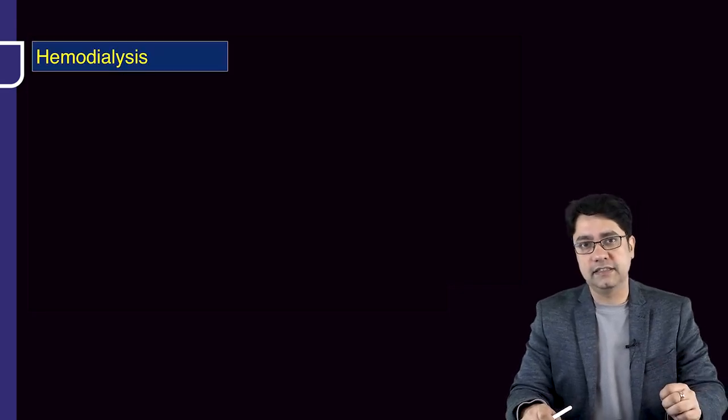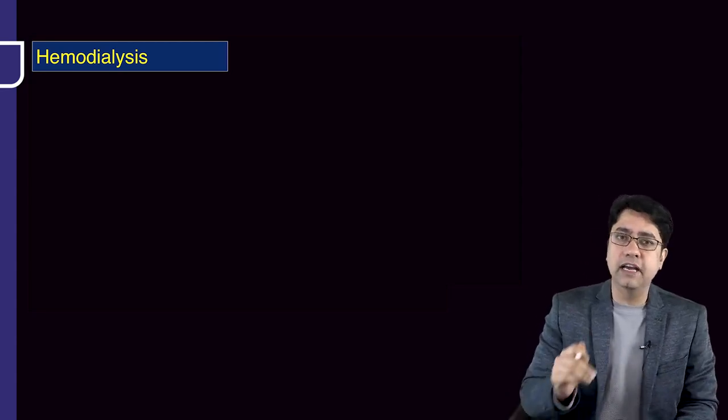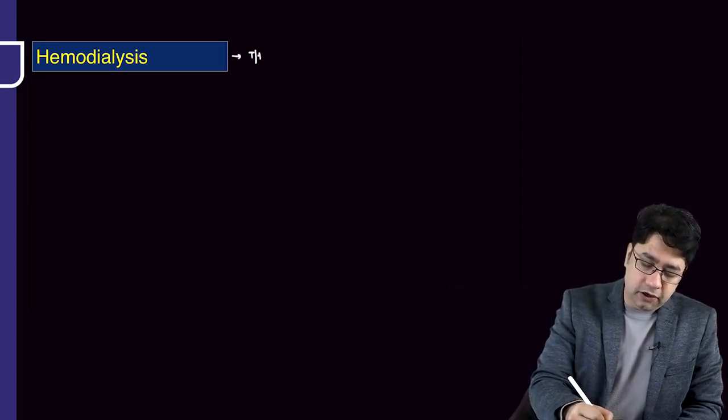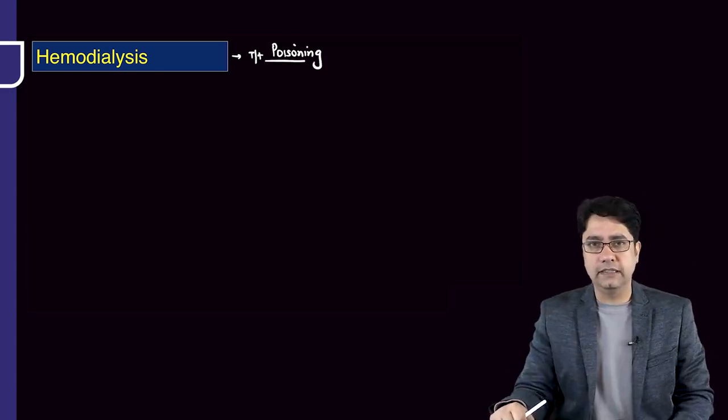Now another importance of volume of distribution apart from drug displacement reaction is hemodialysis. So let's talk about hemodialysis. We generally employ hemodialysis in the treatment of poisoning of a drug. So if a person has taken a very high dose of a drug, we employ hemodialysis.